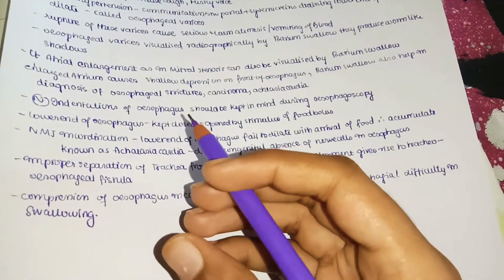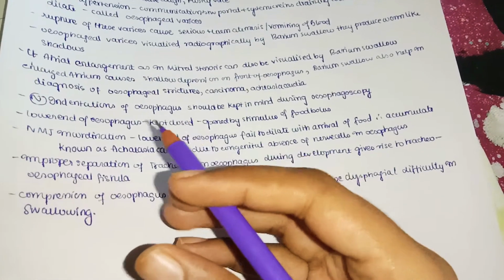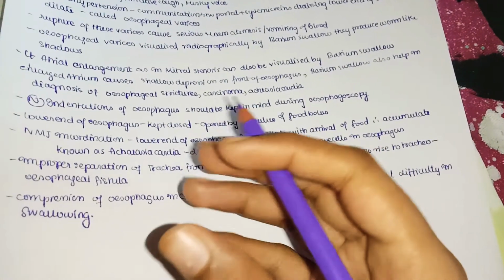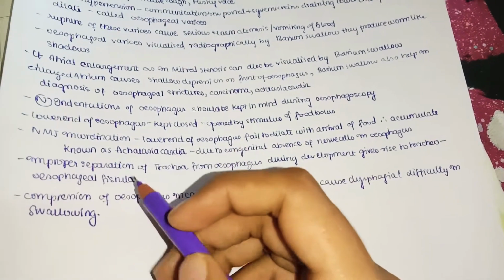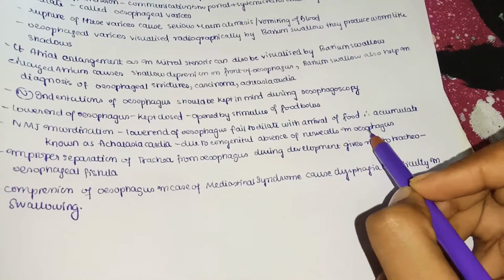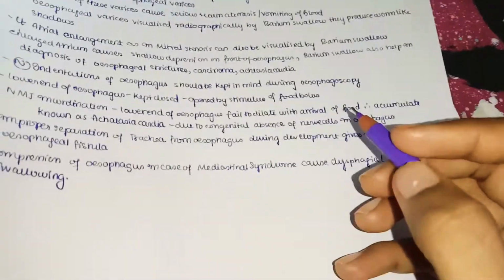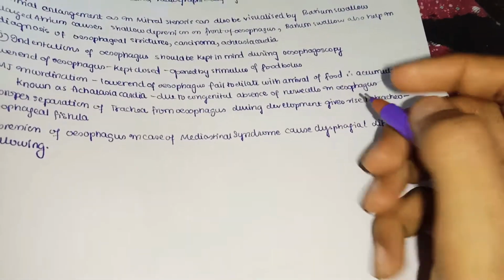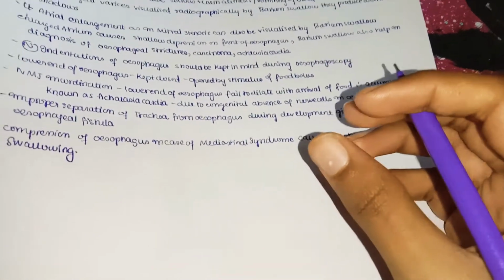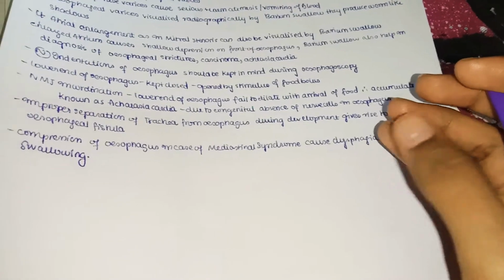So whenever food enters the esophagus, it is not able to dilate. Because of that, there is accumulation of food in the esophagus. This is known as achalasia cardia, mainly due to congenital absence of nerve cells in the esophagus. So sometimes it is congenital because the nerve cells are absent in the esophagus, so the neuromuscular junction can't work and food starts accumulating in the esophagus.